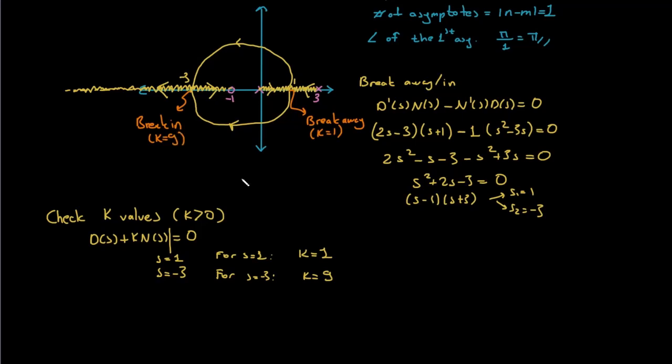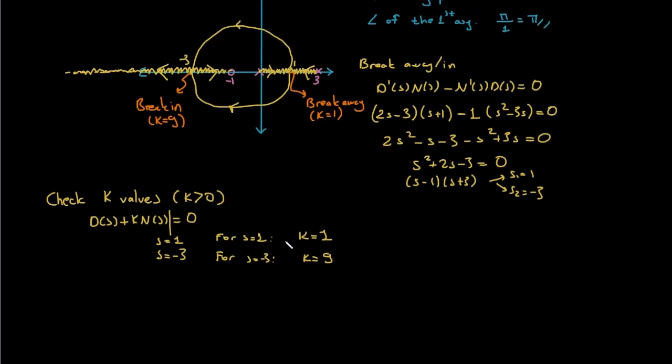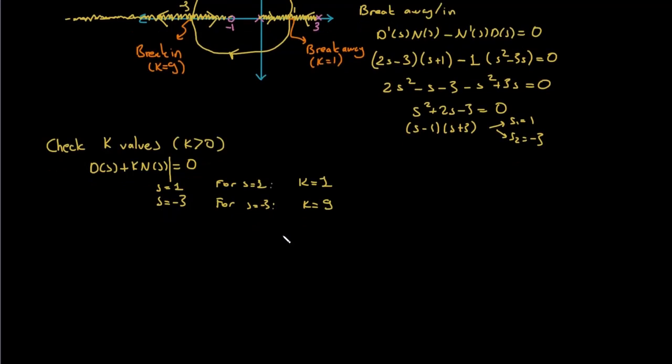So far so good. One of the missing things is, when do we cross the imaginary axis? Do you remember how we find the intersection with the imaginary axis? There are two ways.